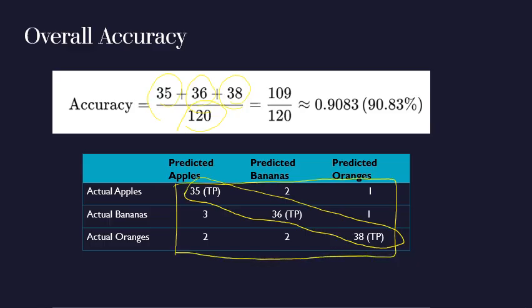So we have here 109 divided by 120. So we have approximately 0.9083, or 90.83%. At 90.83% accuracy, the model performs well, but has room for improvement, particularly in reducing the misclassification of apples and oranges.